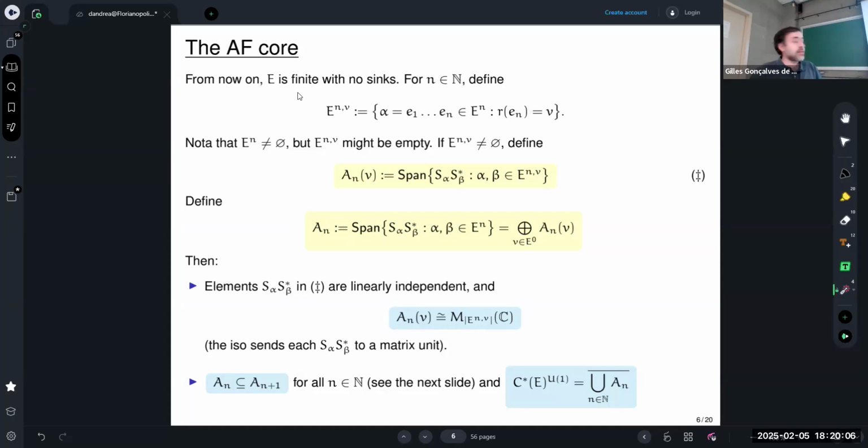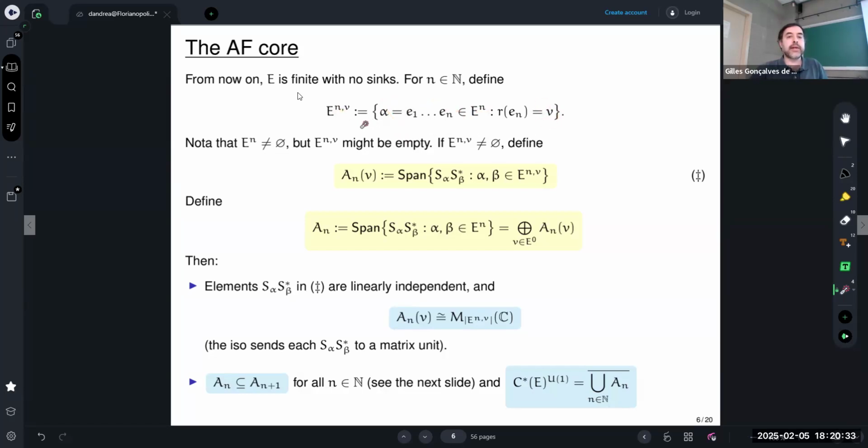It's approximately finite dimensional. But what is nice is that, actually, this is very explicit. You can find it, for example, in Raeburn's book. You can construct a sequence of matrix algebras out of the graph, and it works as follows. For every natural number n, denote by E^n_v, where v is a vertex, the set of all paths of length n and with range v.